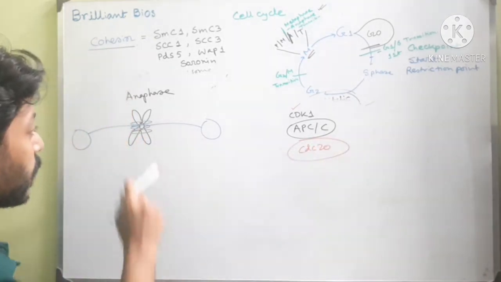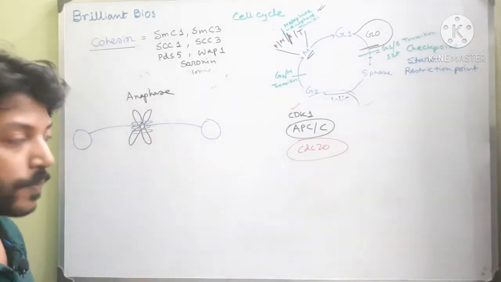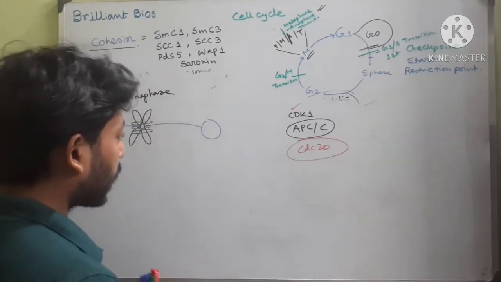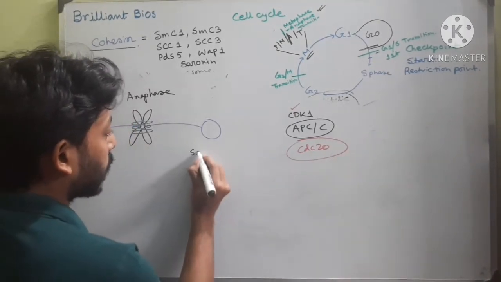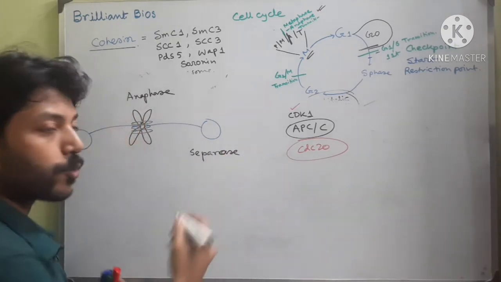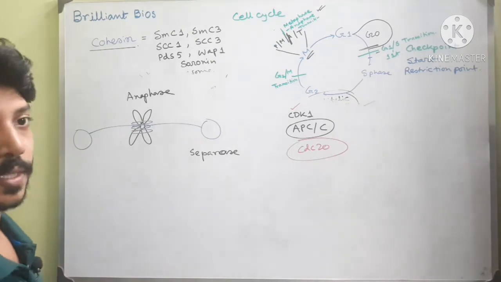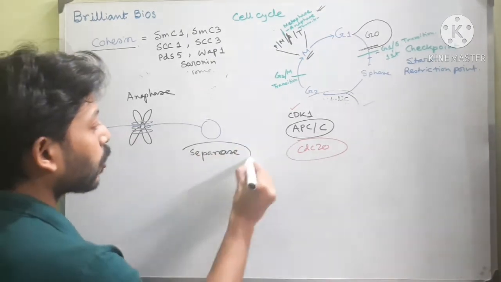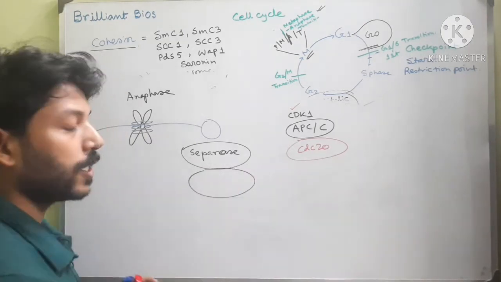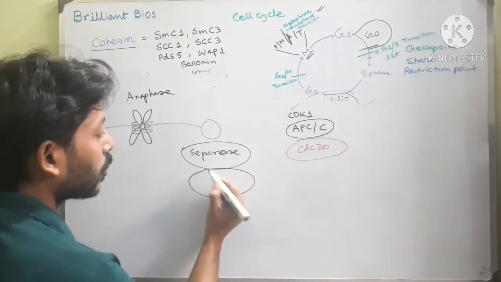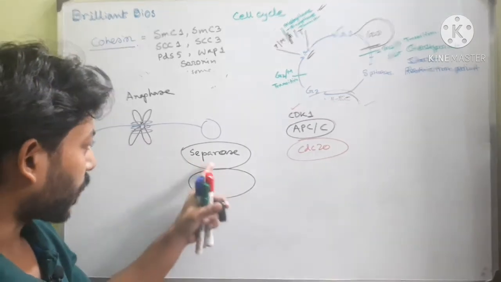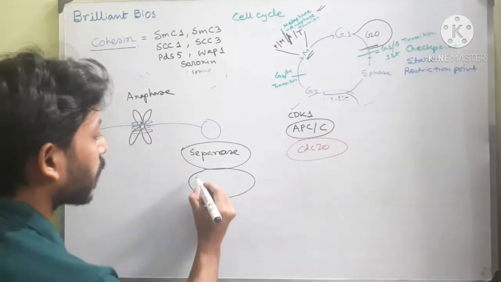How do they remove these cohesins? The process is, there is an enzyme called separase. This is a protease enzyme that can cleave the cohesins, but this separase also attaches with a protein that does not let the separase perform its function, called securin.